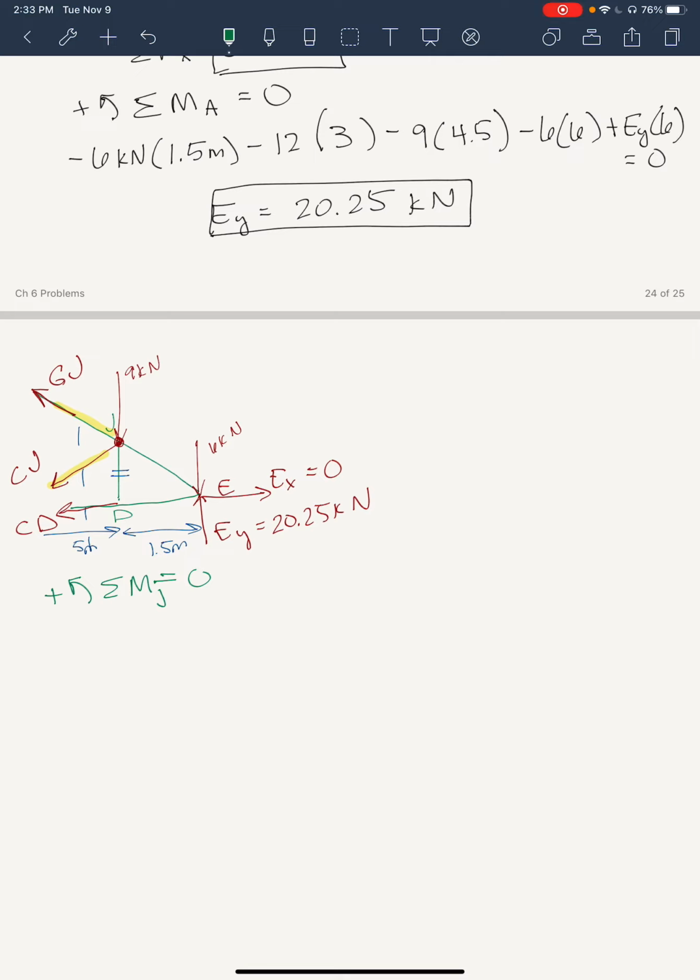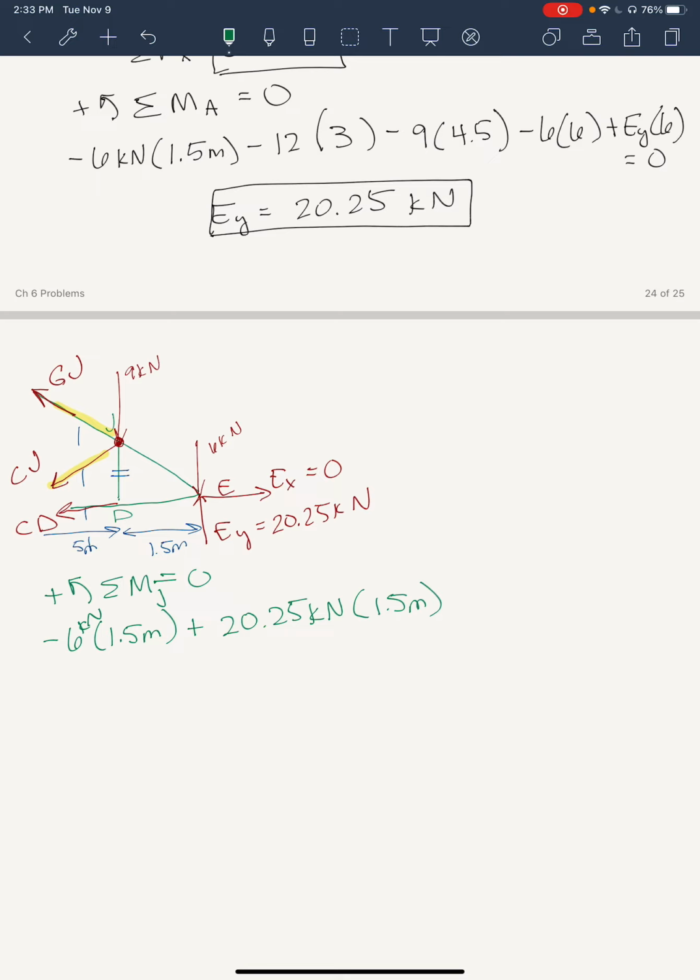About J, we have that 6 kilonewton force, and it creates a negative moment. It's into the board, 6 kilonewtons times 1.5 meters, that perpendicular distance. And then EY is 20.25, and that creates a positive moment times that 1.5 meters. EX is just 0, so that doesn't do anything.